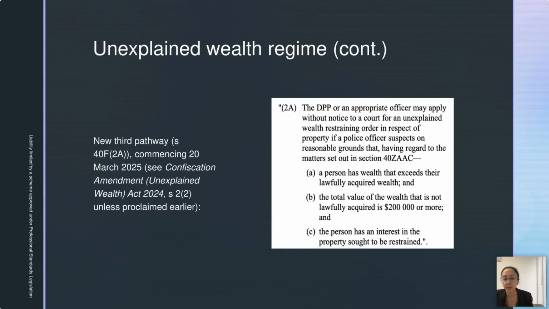So it's the concept of looking at the total value of someone's wealth, and wealth has a specific meaning, and looking at what their lawfully acquired wealth is.